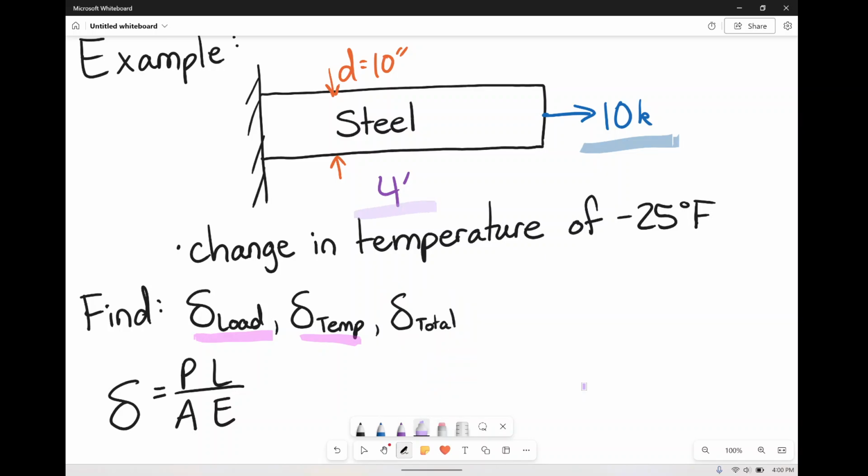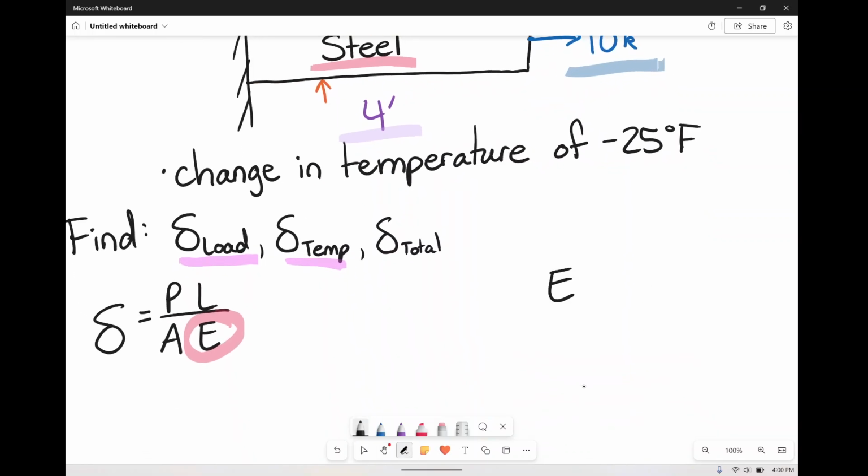There's L. A, well, technically we have a diameter, so we can find that. But E, where is E? E comes from steel, so maybe we need to Google that. So we're going to Google that: E for steel is 29,000 ksi.